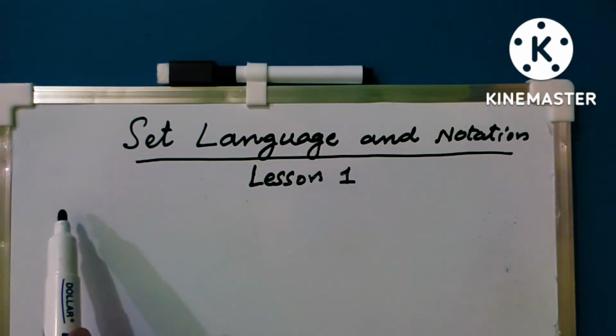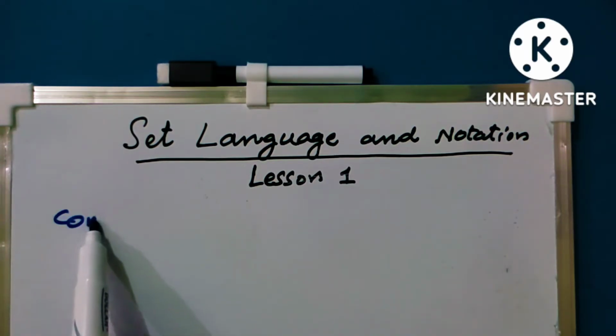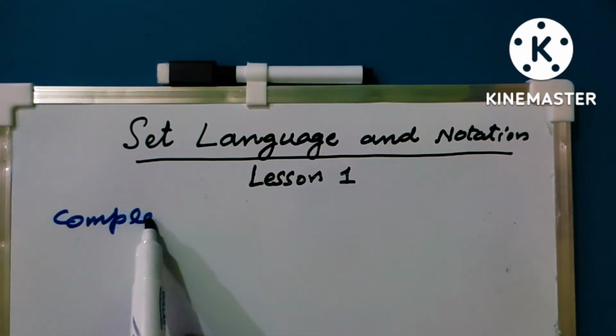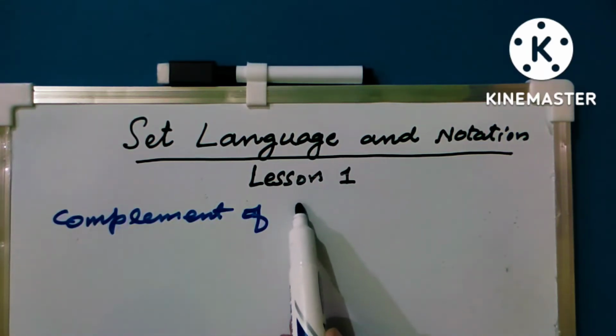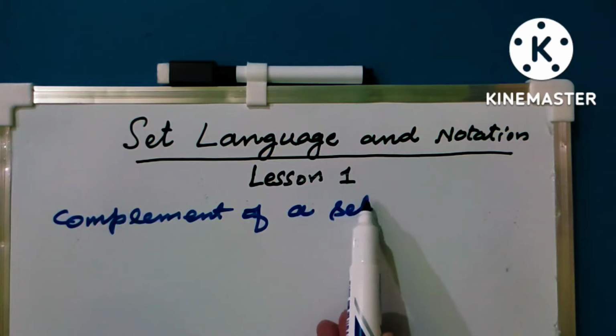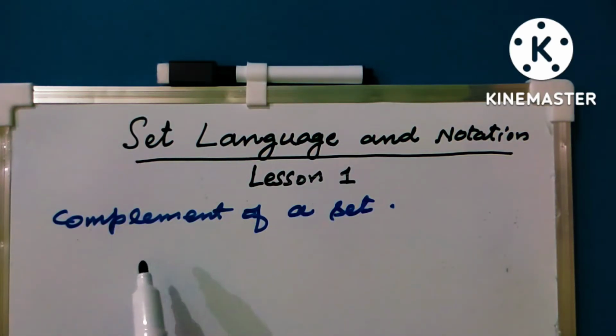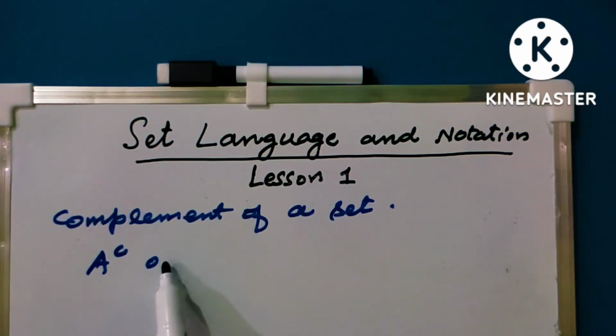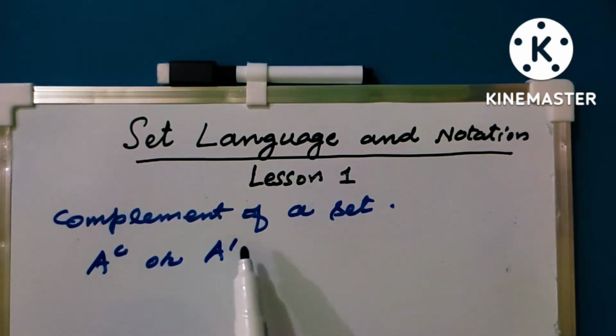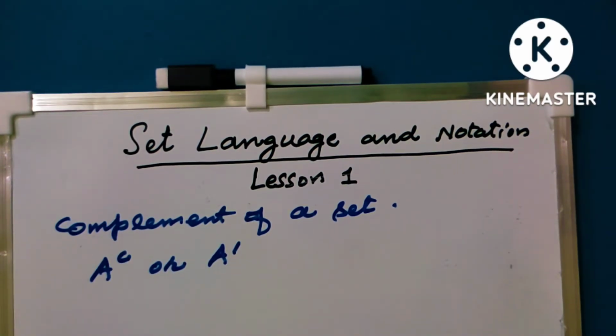Complement of a set, that is denoted as A^c or A prime. It means the elements which are under discussion.